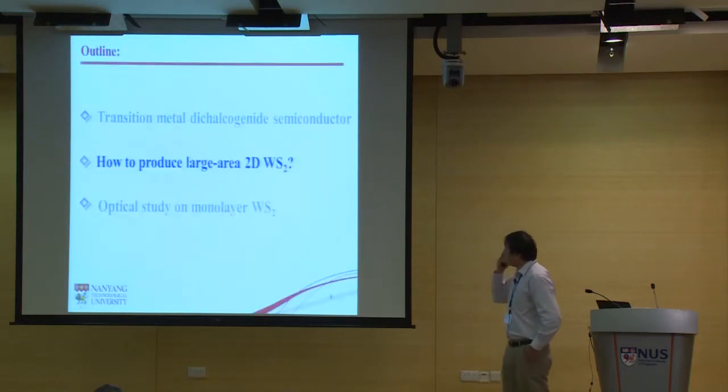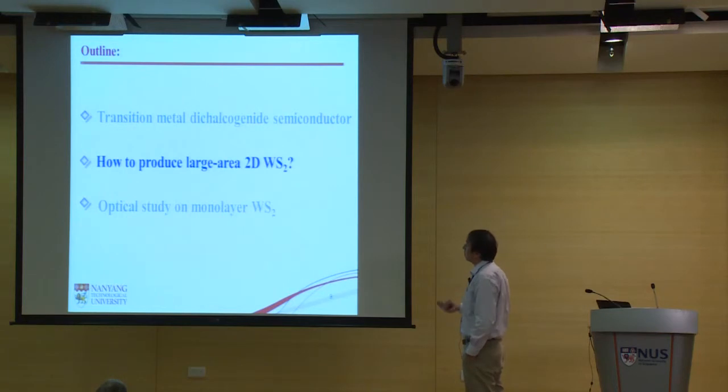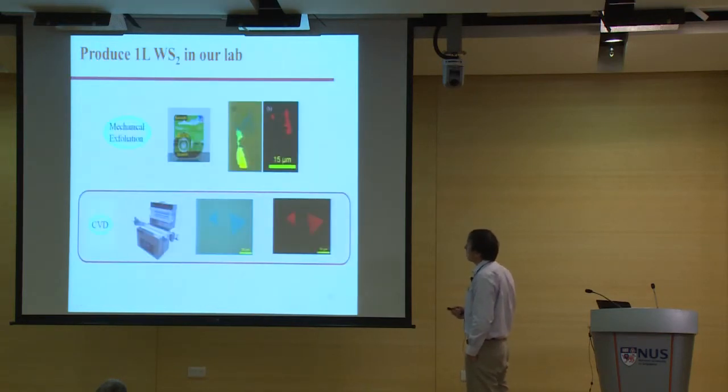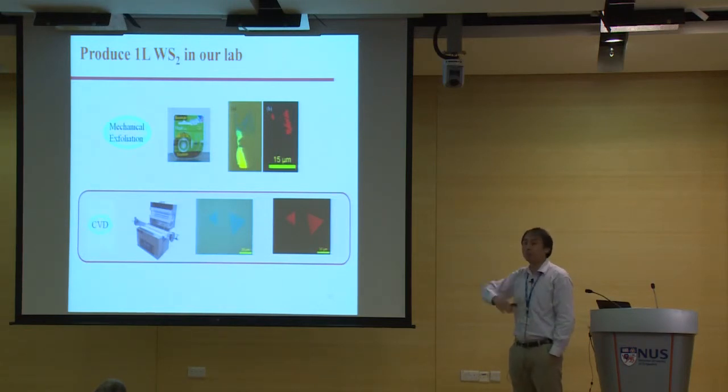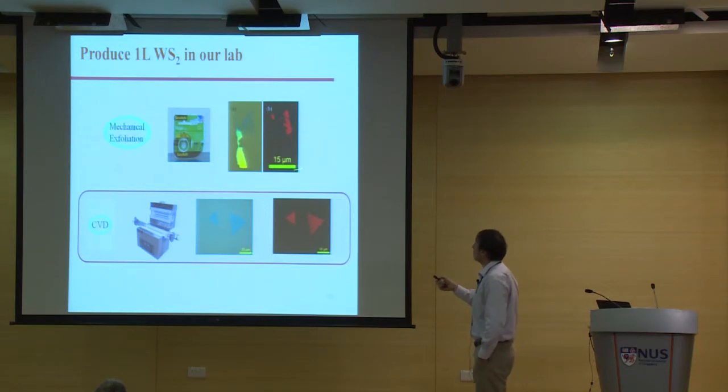All right, let's see how we produce large-area monolayer tungsten disulfide. Of course, we follow the very genius strategy of the Manchester school. We use Scotch tape to mechanically exfoliate the single layer of tungsten disulfide.